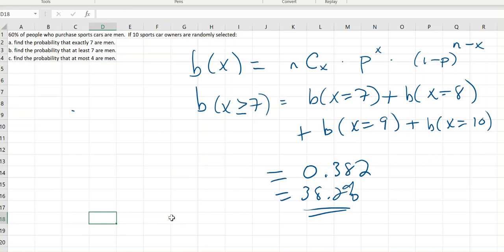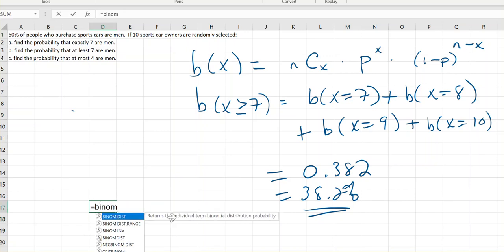Excel. So if you use Excel, we type equals binom dot, and again we have a whole bunch of things that pop up. In this case, you can do binom.dist and do all 4 of them and add them up, or it's easier to choose the second one, which is .dist.range. Range means that you have a range of numbers that you want to add up. So the number of trials, open the bracket, is 10.